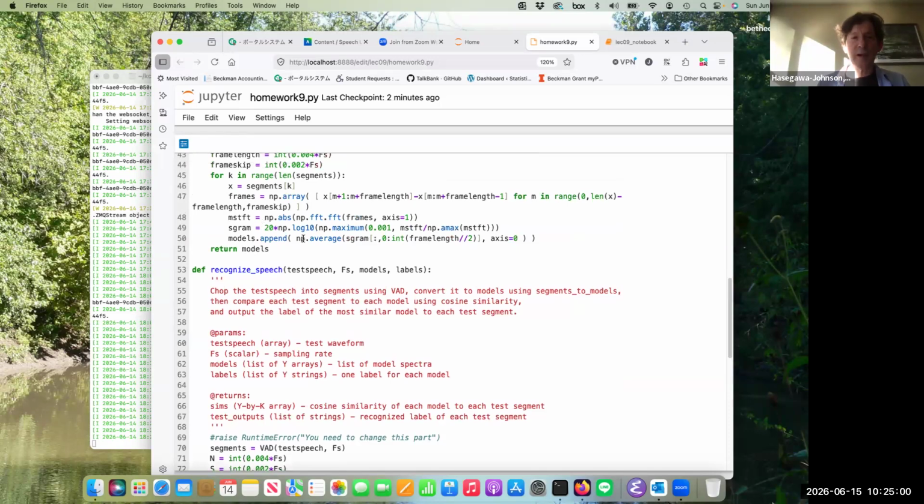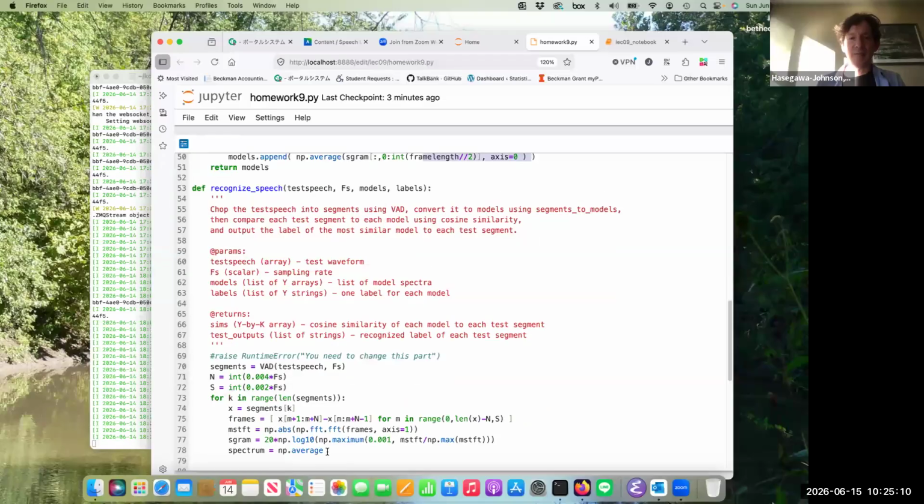Before, the models were the averages, right? Yeah, I took the average here along the time axis. So I want to calculate the average of the spectrogram from zero to the integer of n divided by 2. And I want to calculate that average along the time axis.